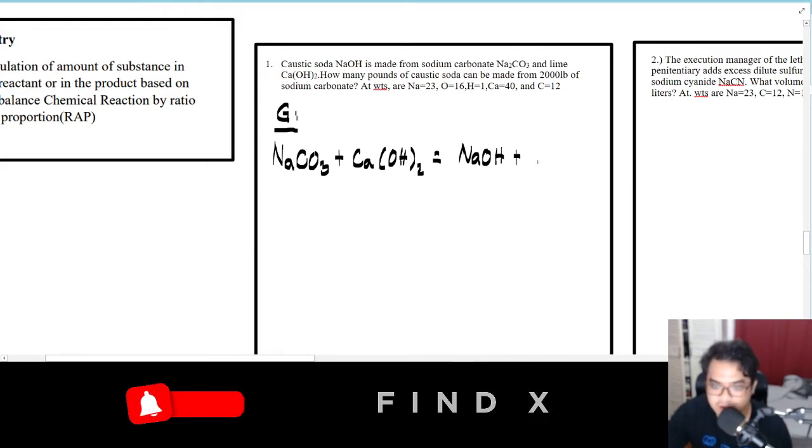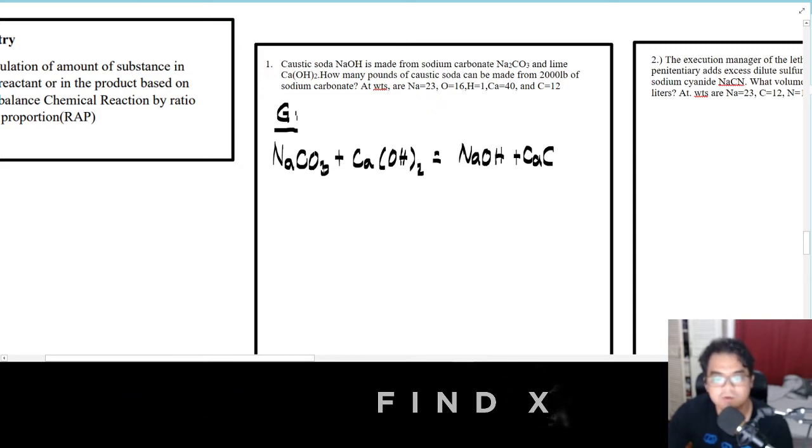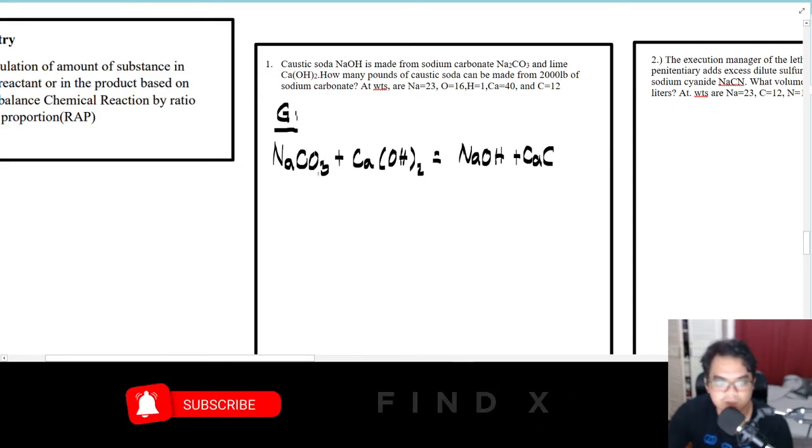Since as you can see on the left side we have a calcium, so Ca, and we also have a carbon, so CaC, and then we only have one oxygen here, and we have three oxygen on the left side.